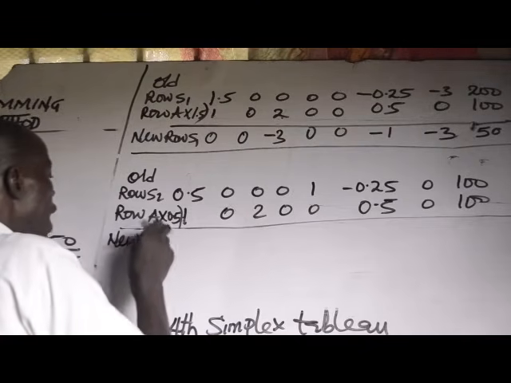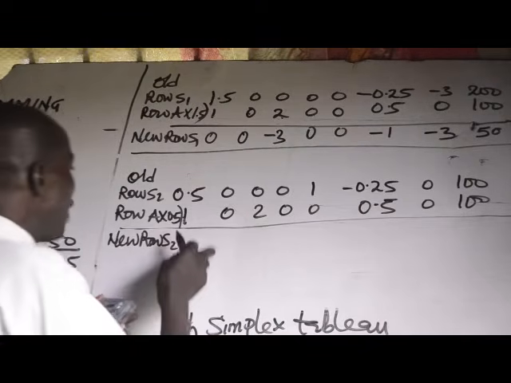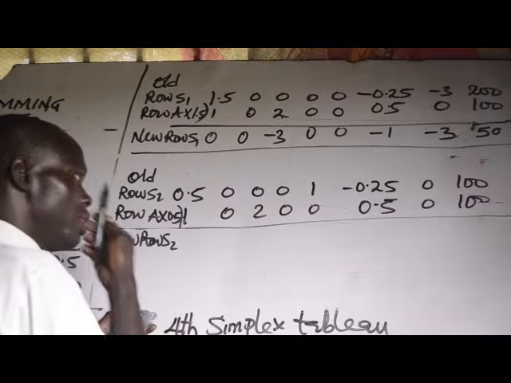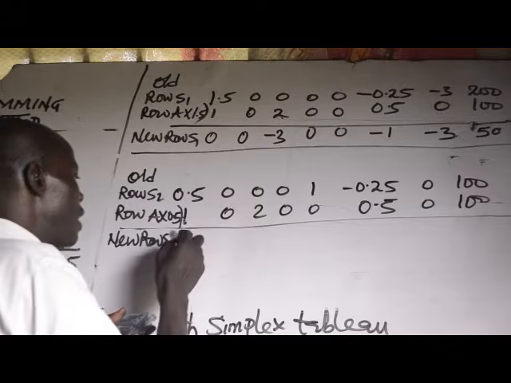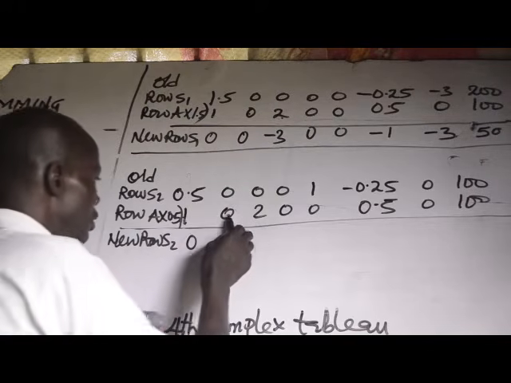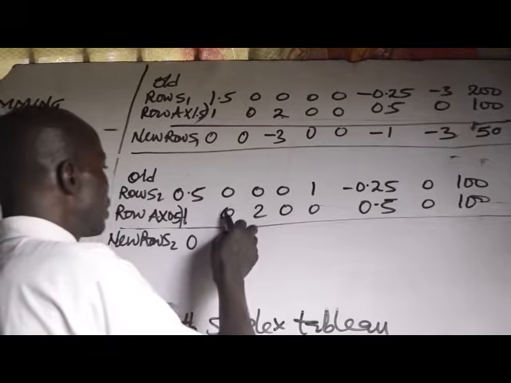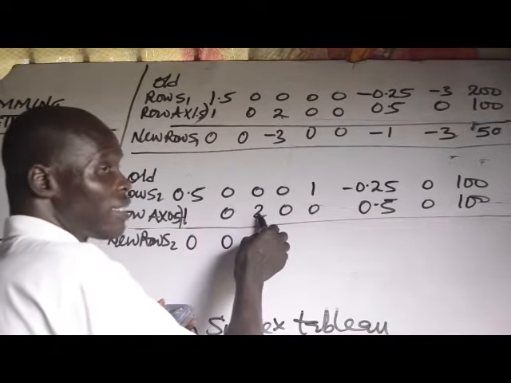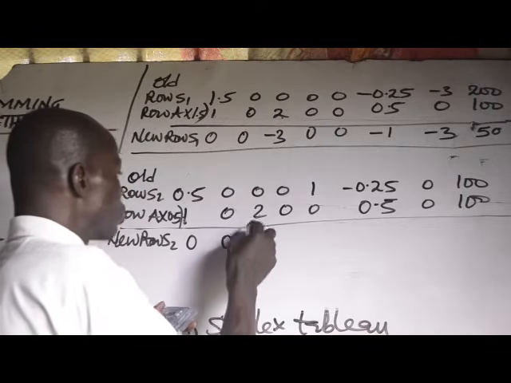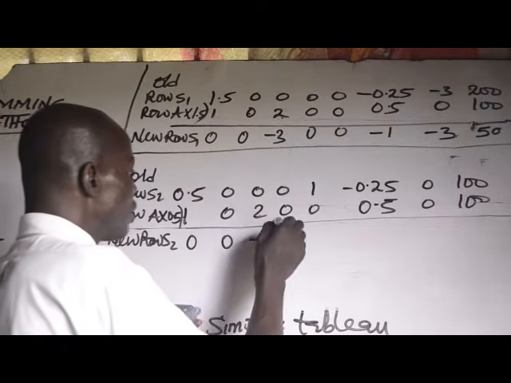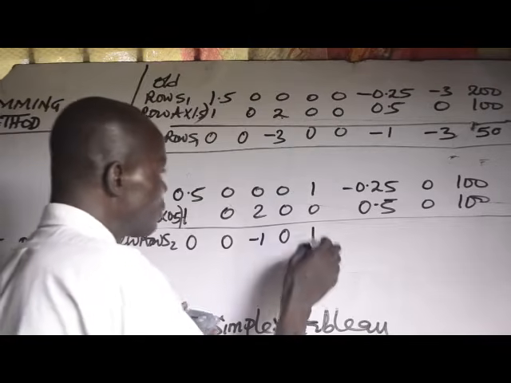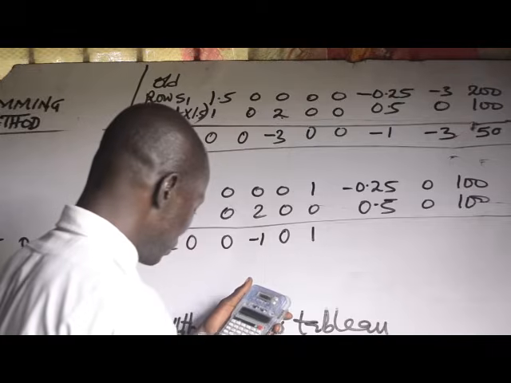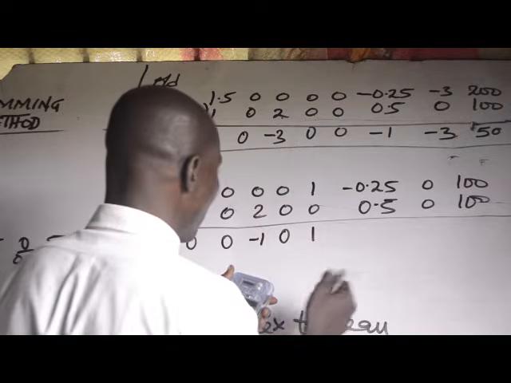New row S2. You have 0.5 times 1. That will give us 0.5. 0.5 minus 0.5, this will be 0. If you multiply 0 times 0.5, it will be 0. 0 minus 0, it will be 0. 0.5 times 2, that gives us 1. 0 minus 1 will be minus 1. This one will be 0. This will be 1. 0.5 times 0.5, that gives us 0.25.